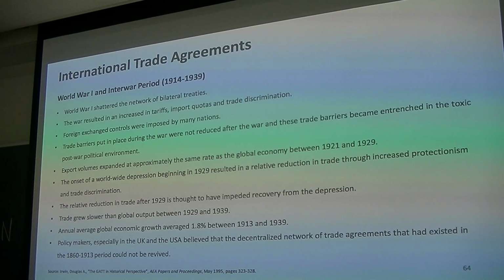But Europe was at that time the center of the global economy. Britain was the world's most powerful economy at the time. The United States was emerging as an important country, but it was still a long way off.